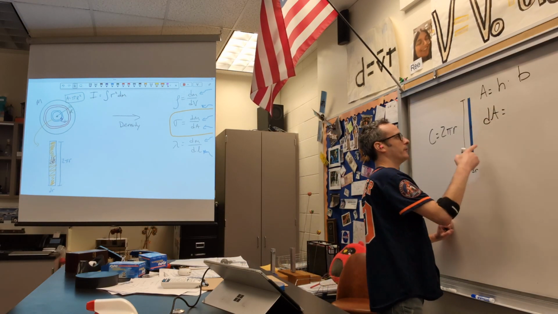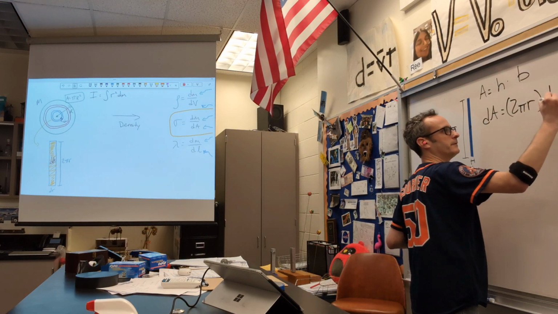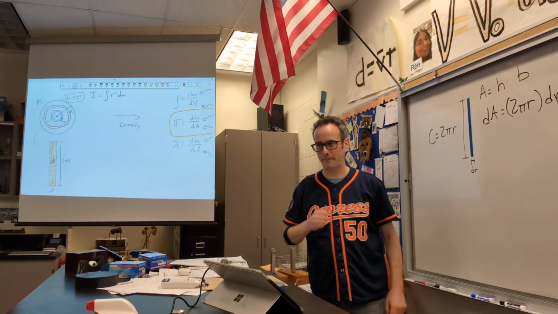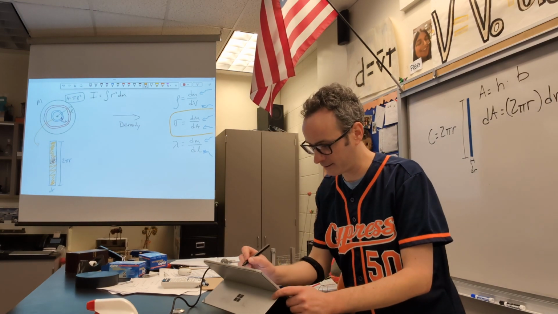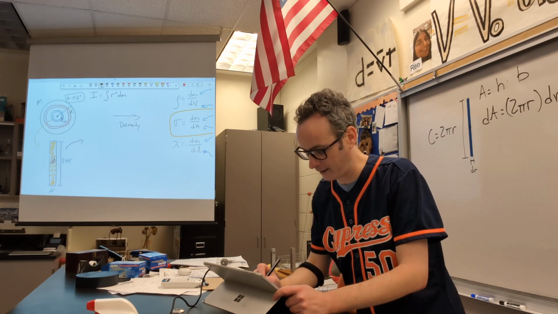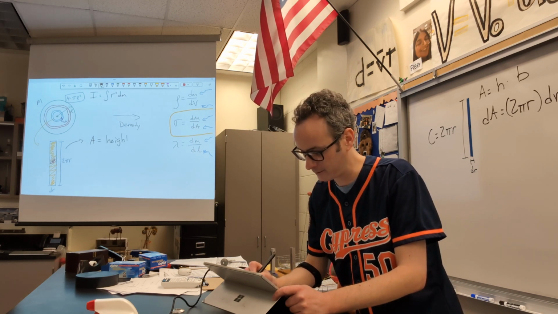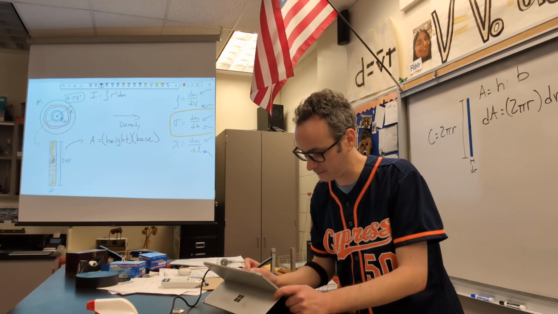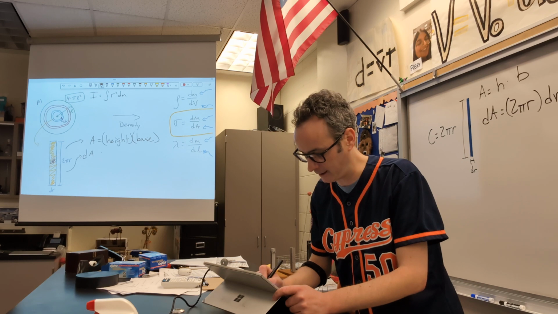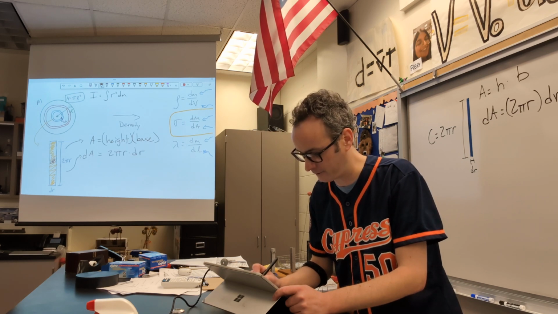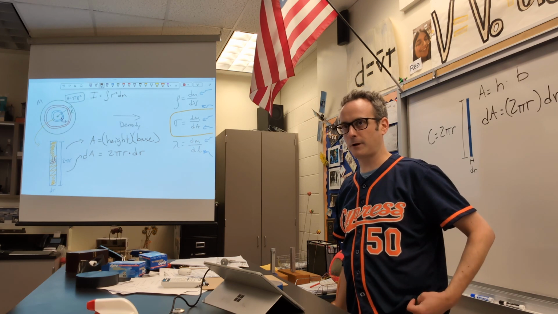And so dA is going to be this little bit of height, 2 pi r, times the little bit of base, dr. So again, down here, this little strip that I've made, the area of anything is height times base, and so dA, using all of this data, is going to be 2 pi r times dr. Questions so far?